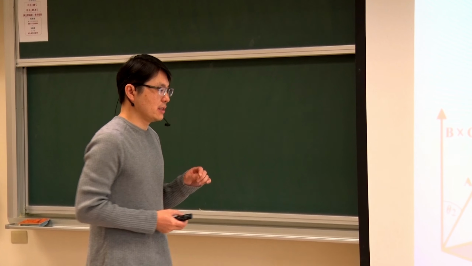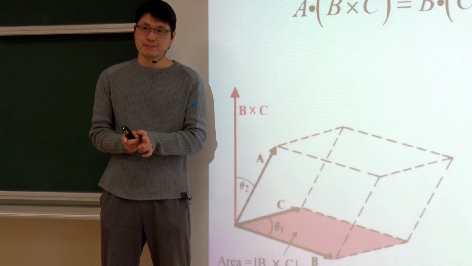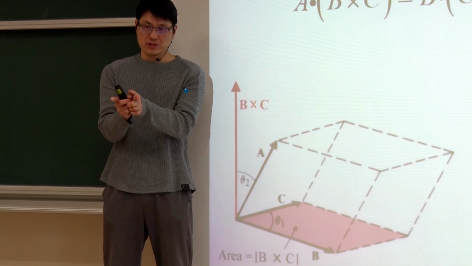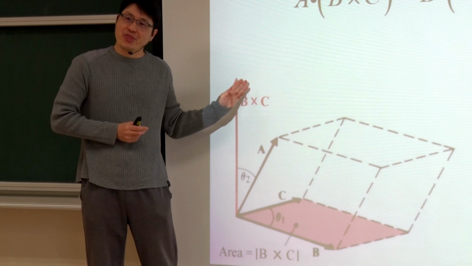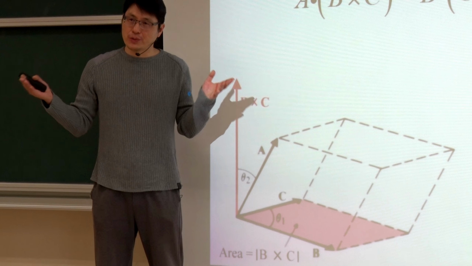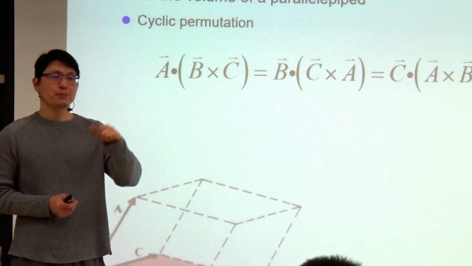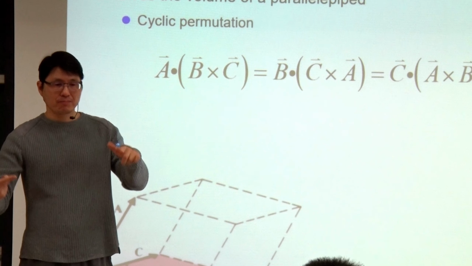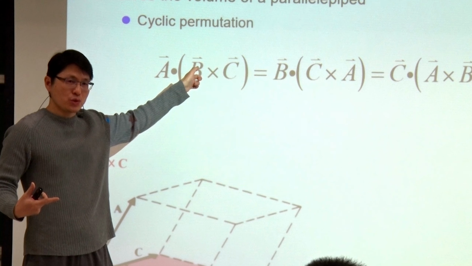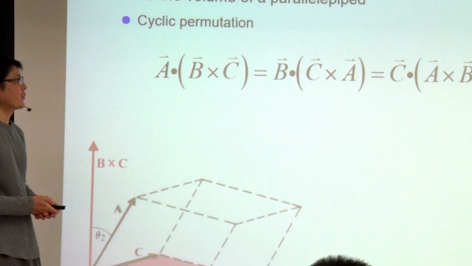So the physical meaning of the cross product is to find the surface encompassed by two vectors. And then you project onto a third vector, you find the volume. So this is really giving you the physical meanings: dot product, projection; cross product, finding the surface; scalar triple product, finding the volume. Right?